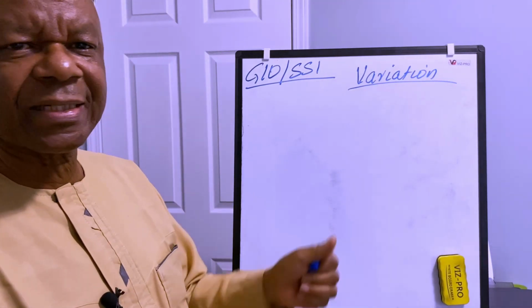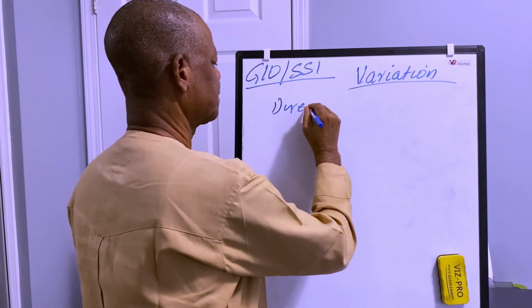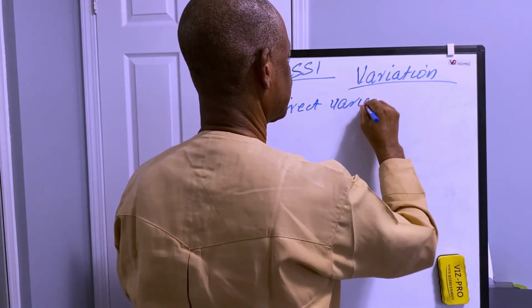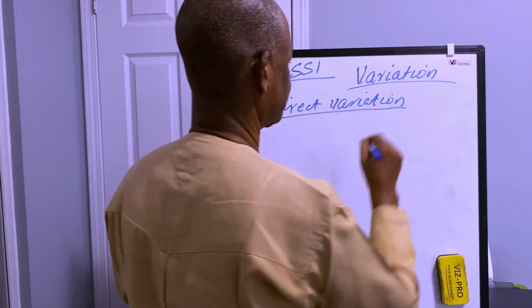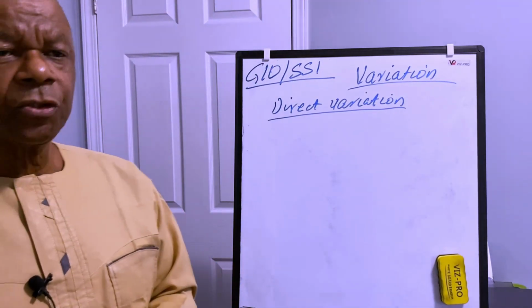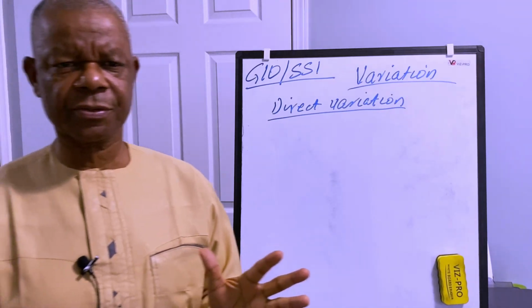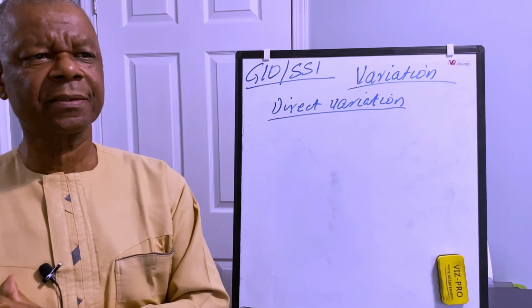So we start with direct variation. We talk of direct variation when the two variables move in the same direction. What do we mean by that?